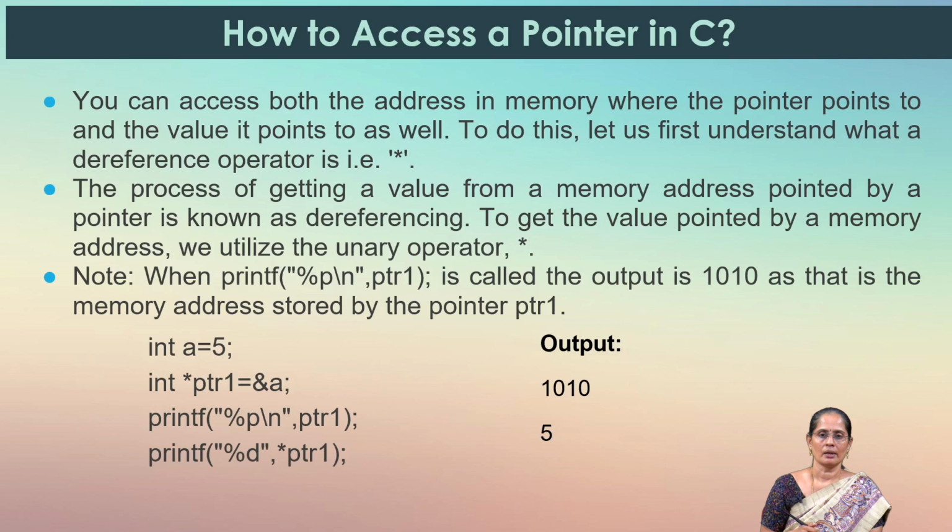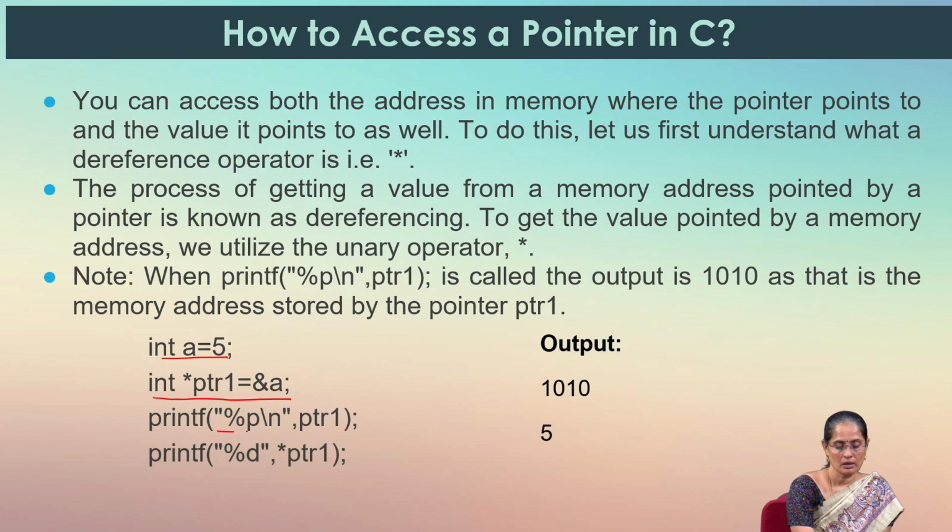Now, when I use the printf statement and try to print the pointer's value using the format specifier %p, then we will be able to get the address displayed. So, for example, here we store a variable a with value 5 and I store its address. The address of a is now stored in ptr1.